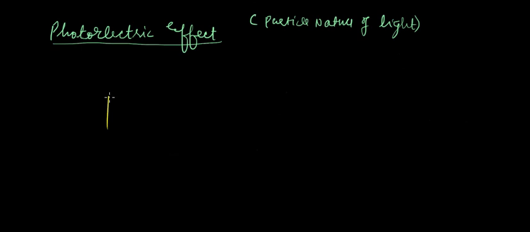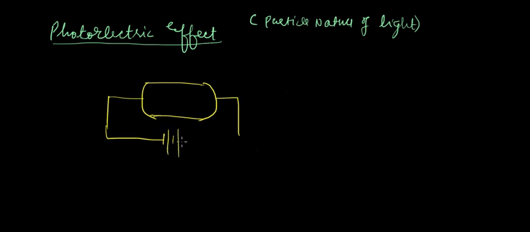So suppose we have a circuit. This is the negative charge side of the battery and this is the positive charge side of the battery.